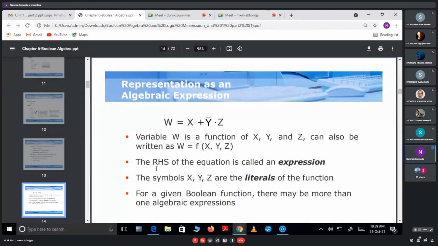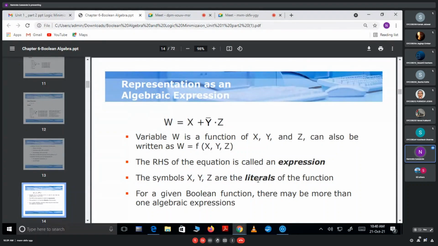Now the RHS of the equation is called an expression. The symbols x, y, z in terms of a Boolean function are known as literals of the function.